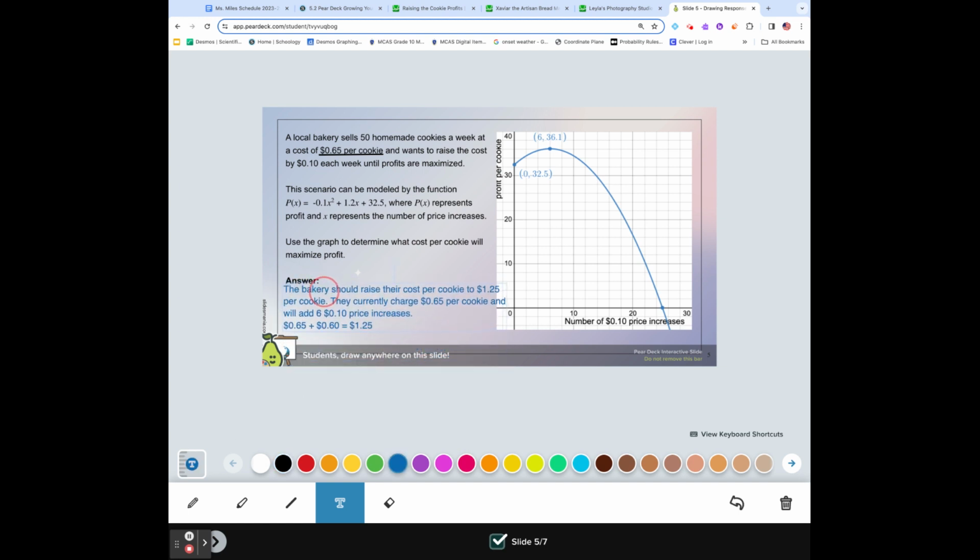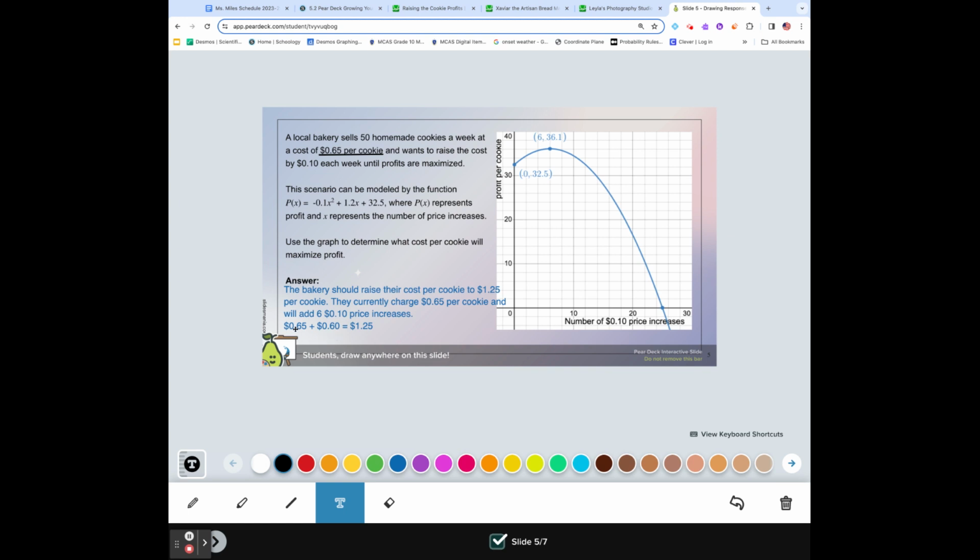So here we have the bakery should raise the cost per cookie to $1.25 per cookie. Why? Well, they currently charge 65 cents per cookie, as you know, and they will add 6 10-cent price increases. So what is 6 times 10 cents? That's 60 cents.